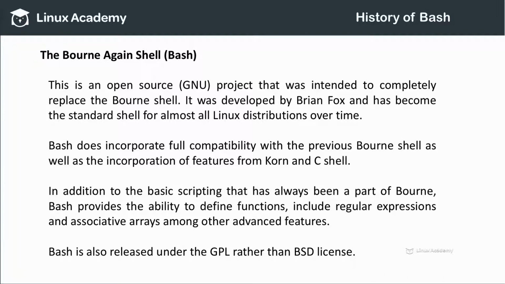So what bash did, in addition to inheriting all of the characteristics of the Bourne shell, and it simply could have called it good at that point and changed the license type so that it was more compatible with Linux, for example, because you'll see that bash is also released under the GPL rather than the BSD license. Bash also gave us the ability as administrators to be more development central in how we structure and call the structures within our shell scripts.